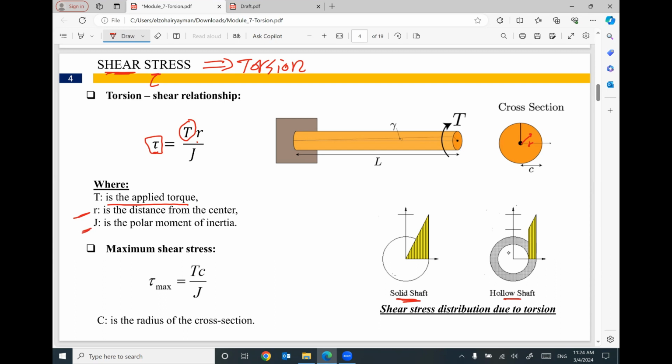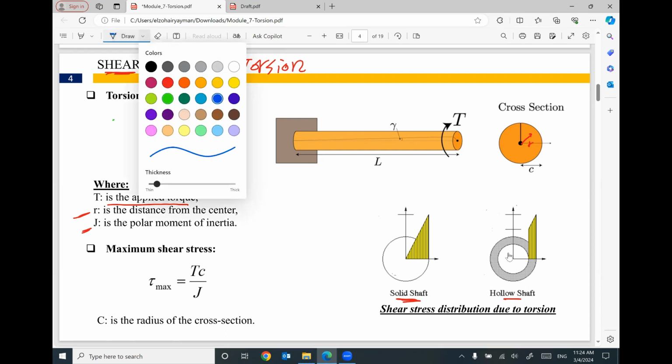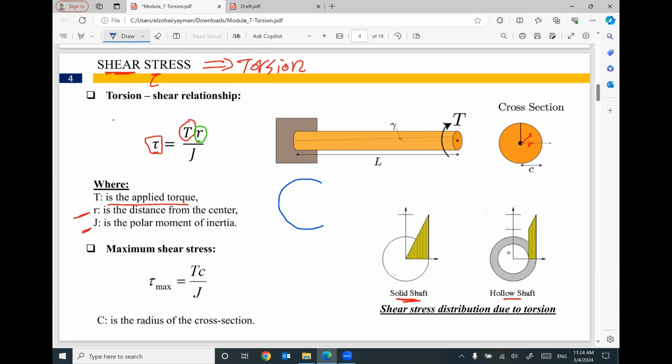J is called the polar moment of inertia. I will talk about the polar moment of inertia very soon, but right now, I would like to highlight a very important point. This value of R represents the distance from the center of the cross section to any point.